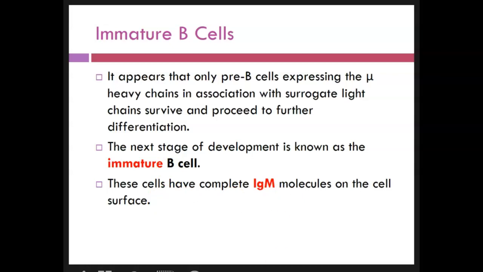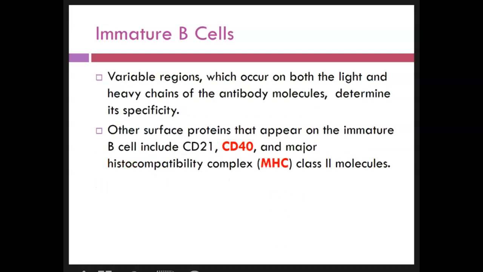Isn't that fun? Variable regions also occur. We're going to learn about that in the next chapter. And other proteins begin to appear, like more CD antigens, but don't remember, all you need to know is CD4 and CD8. And also, this is where we start to get their MHC class II molecules.